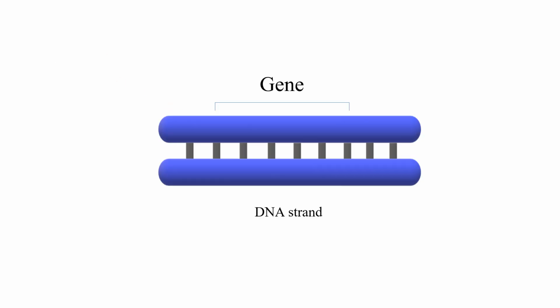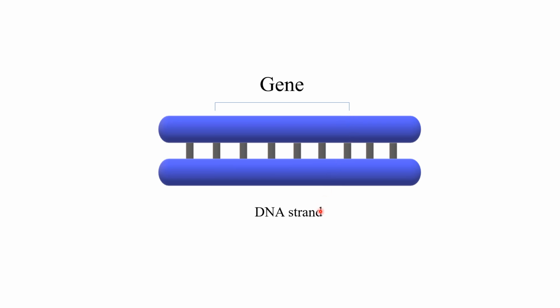So next we have the concept of gene. I have used the term gene repeatedly in this lecture. So a gene is the basic unit of biological information and is actually a part of DNA comprising its base sequences. The DNA is composed of millions of base pairs, and these specific base pairs here make up a gene.